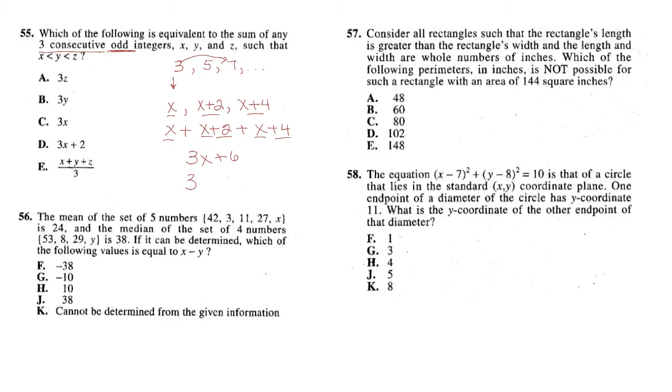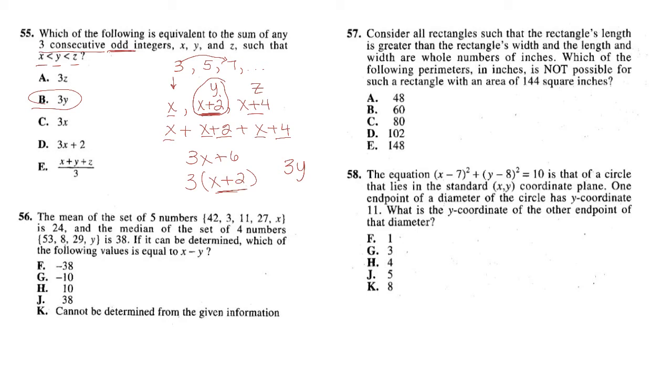Well, we have a GCF of 3. And when I factor that out, notice I get 3 times x plus 2. Well, x plus 2 was really that middle number. Or here, notice how they've listed this as x and then y and z. So really, if we look at this analogy, that y is taking the place of x plus 2. So 3y would be the correct statement there.